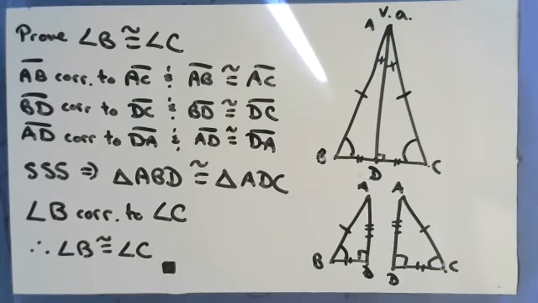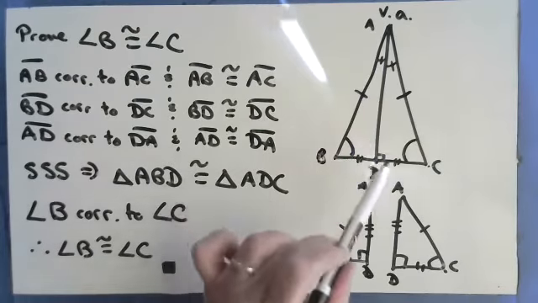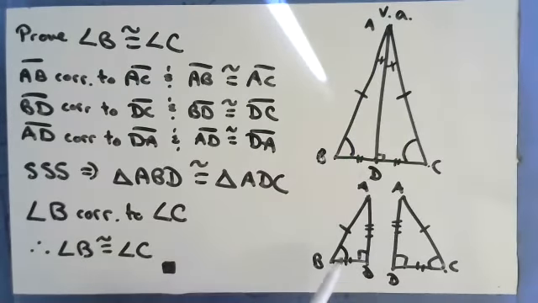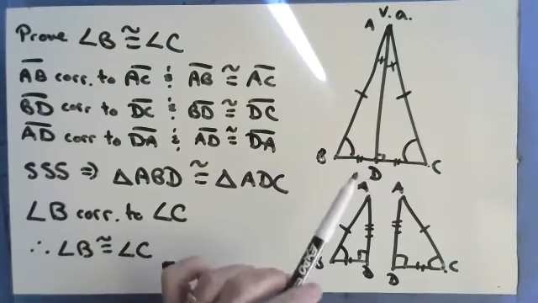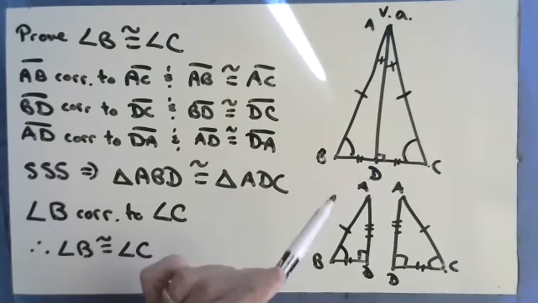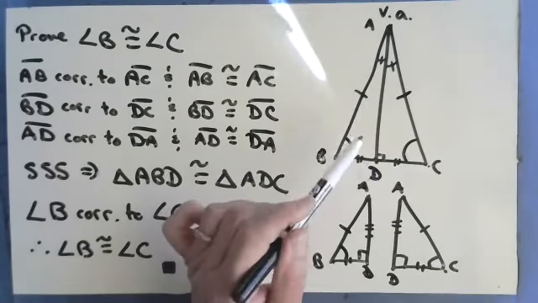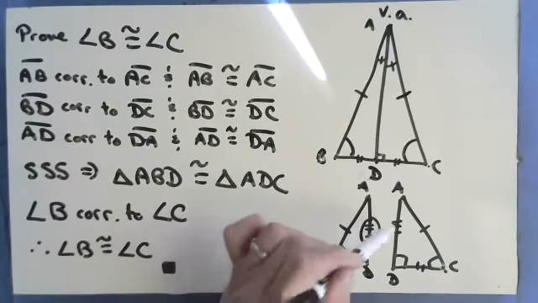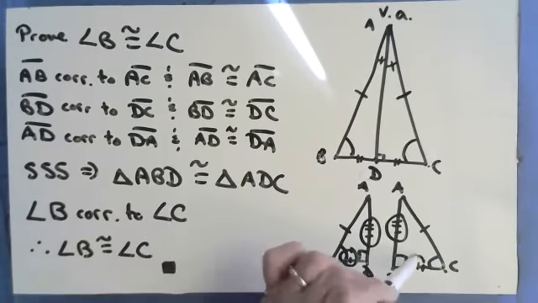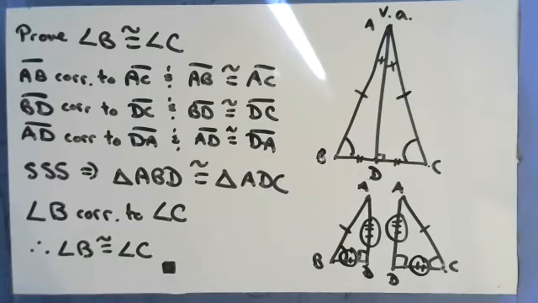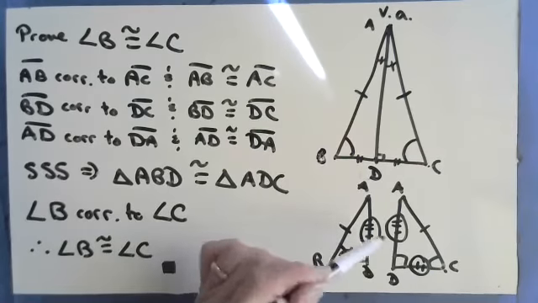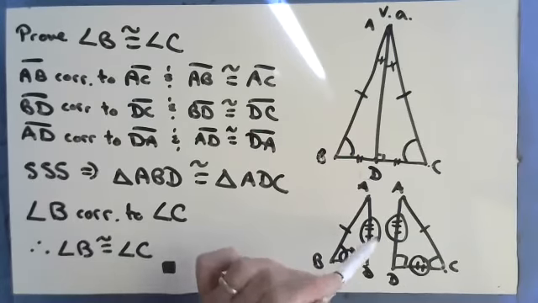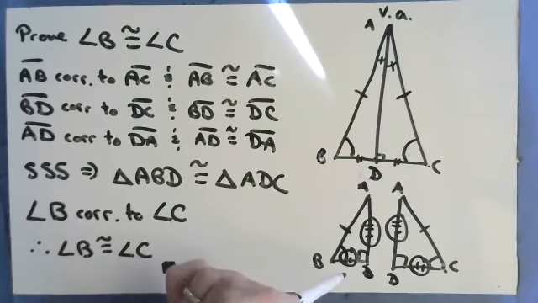Now, we could have proved it another way. We still do the same, draw the line and split the angles. But if you remember earlier, we had a property that said that if the corresponding legs of two right triangles are congruent, then the two triangles are congruent because they're right triangles.